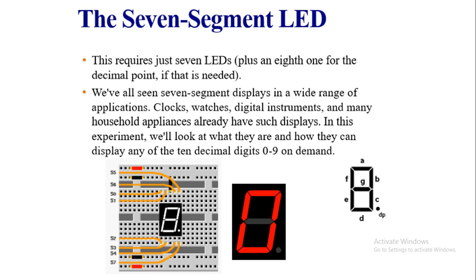In this application, we will look at how they can display any of the 10 decimal digits from 0 until 9 on demand. We have a combination of LEDs A, B, C, D, E, F, G, and one for the decimal point. So if I need to display 1, I will light F and E and so on, and the connections are declared on the board.